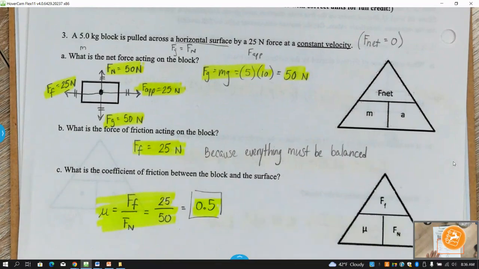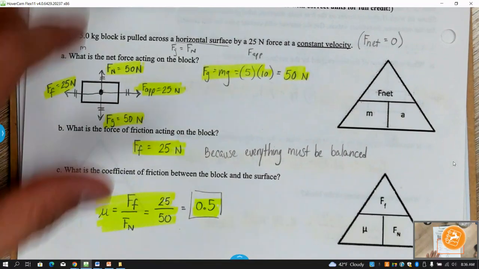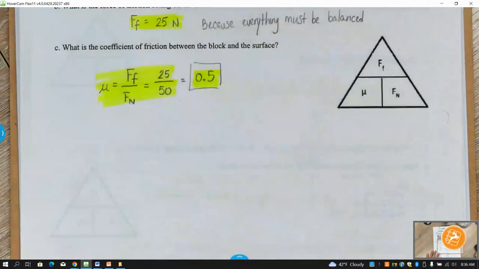Okay, the last problem I want you to do for this, we're going to add this in.